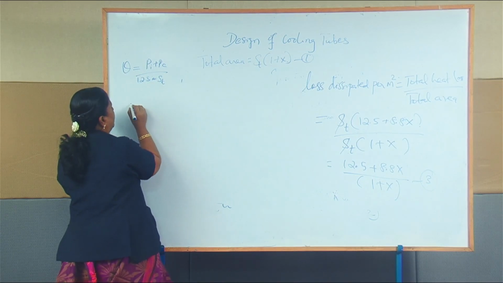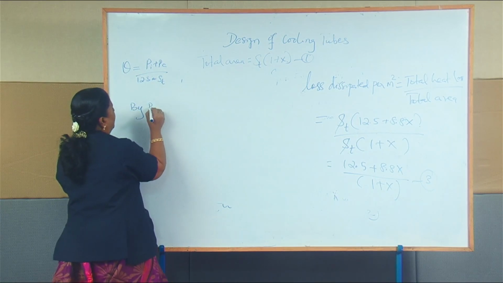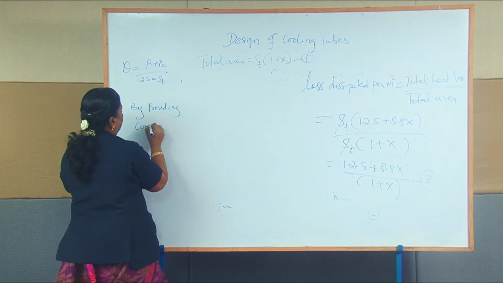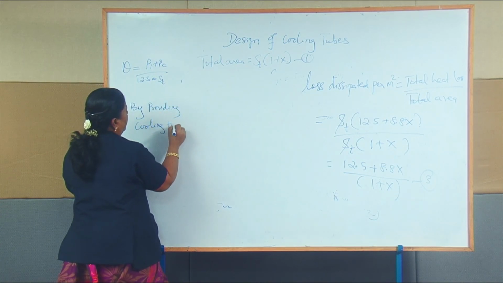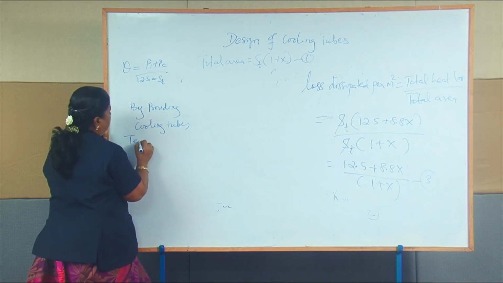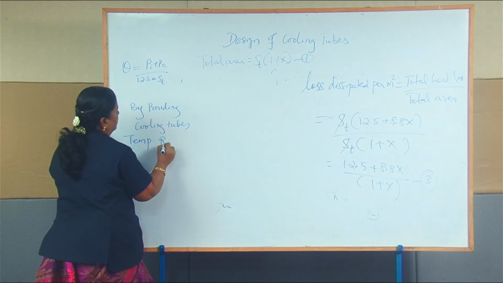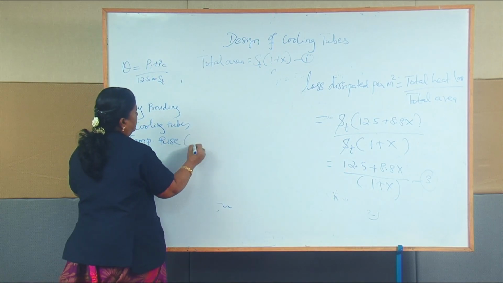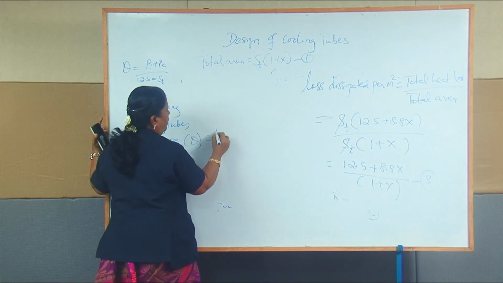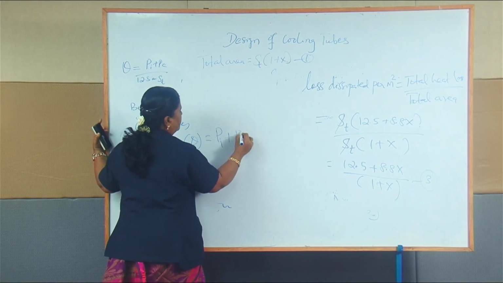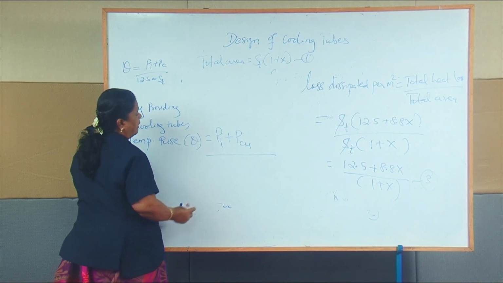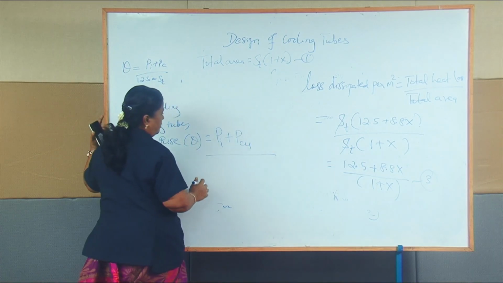By providing cooling tubes, the temperature rise theta can be calculated as total loss, Pi plus PCU, divided by total loss dissipated.